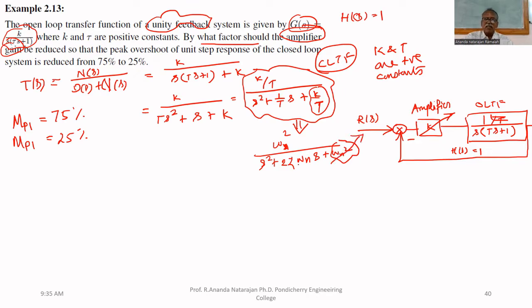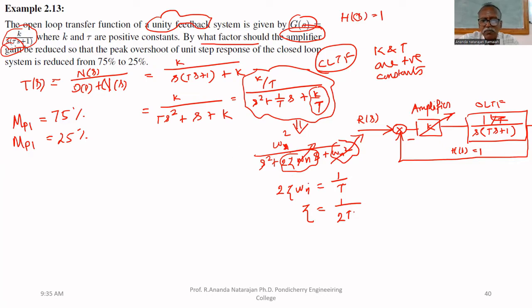As omega n is variable, the zeta value will change, because if you compare, 2 zeta omega n equal to 1 by tau. Therefore, zeta equal to 1 by 2 tau omega n.